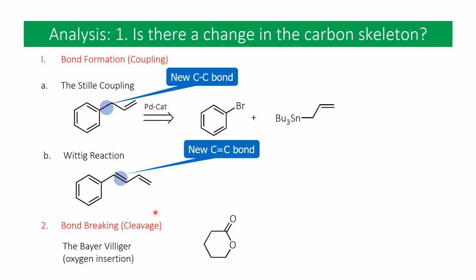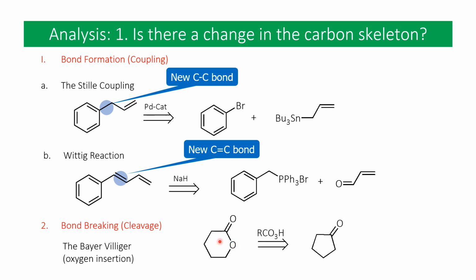Here is a new carbon-carbon double bond, and we could have a Wittig reaction that was involved. In this case, you can see that we have an ester, and this could have been a cleavage reaction where there was an oxygen insertion from a peroxycarboxylic acid.